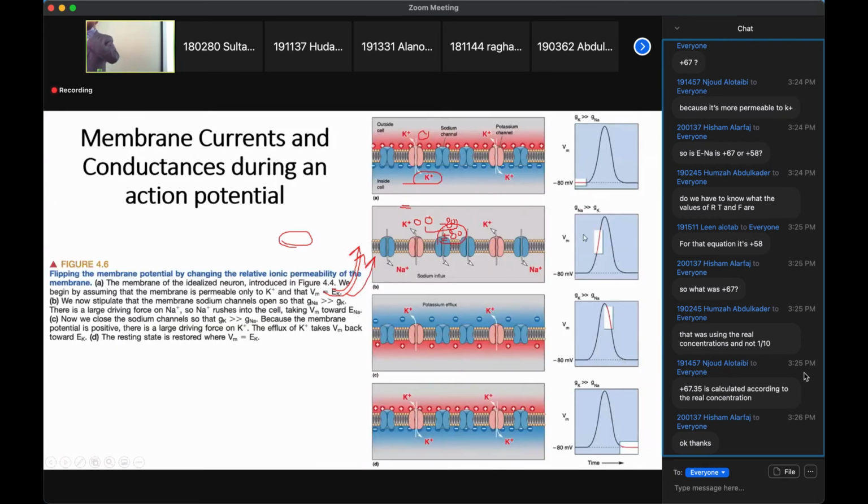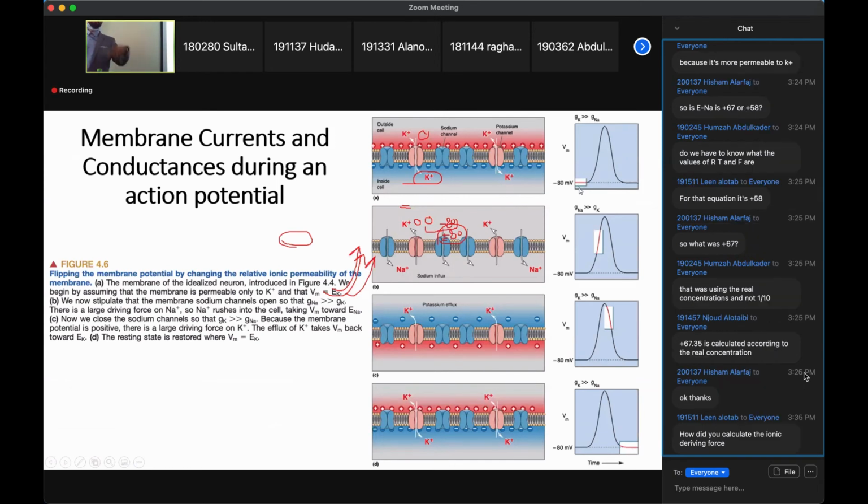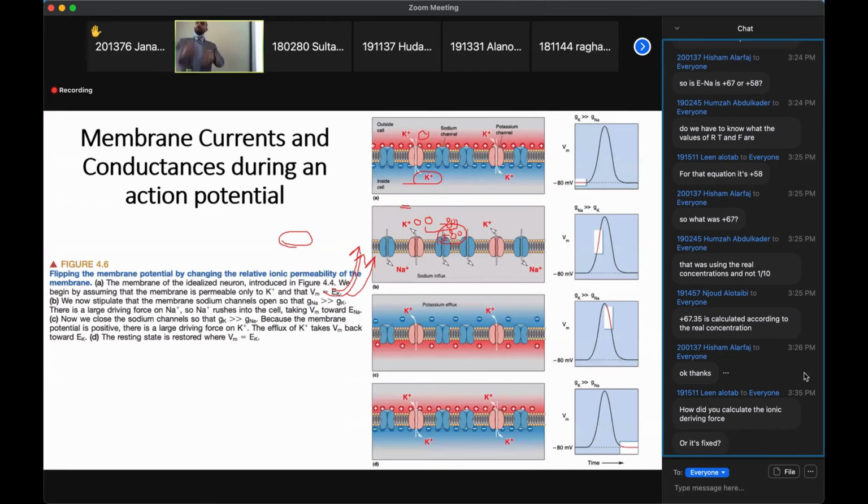And so in the action potential, we know in the resting state, it is negative 80 millivolts because it is highly permeable to potassium. There is high conductance for potassium. This is why it's closer to the equilibrium potential for potassium, okay? When the voltage-gated sodium channels open, there is a high ionic driving force for sodium to go to the inside in order to bring the membrane to its equilibrium potential.